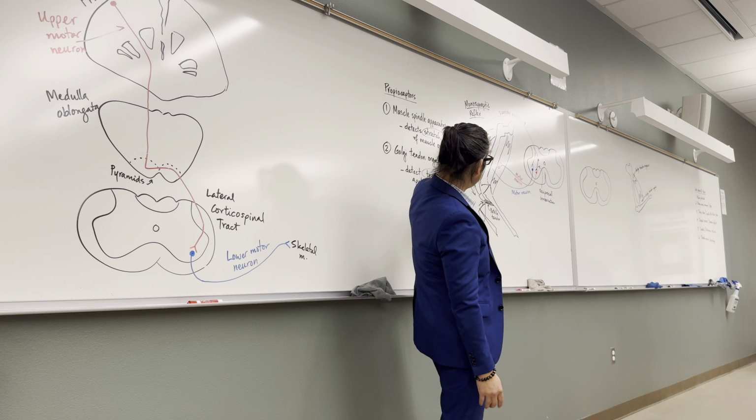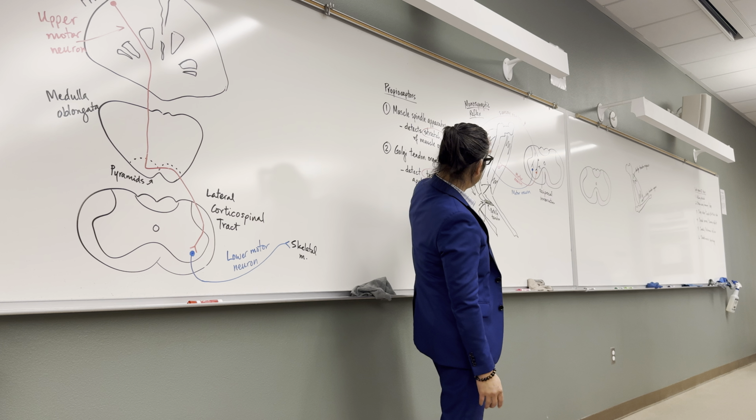Once it reaches there, it's gonna synapse with another neuron, and this neuron will exit through the ventral area of the spinal cord and project to some kind of skeletal muscle. Okay? So then this is your somatic motor neuron.